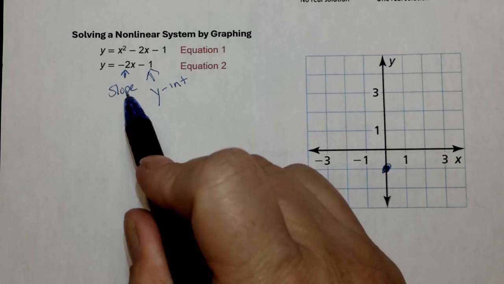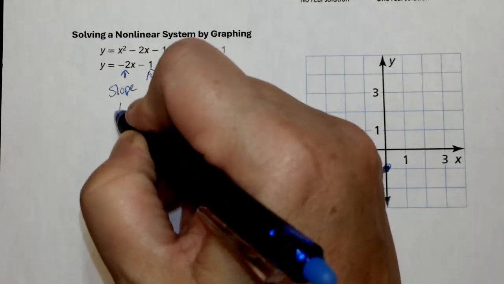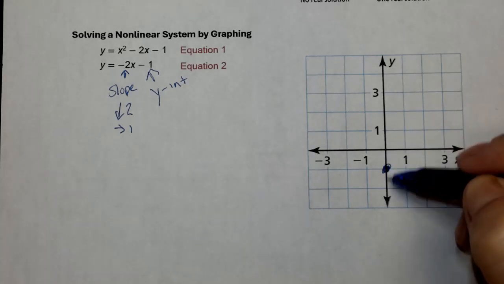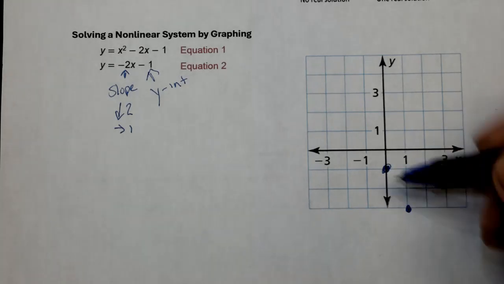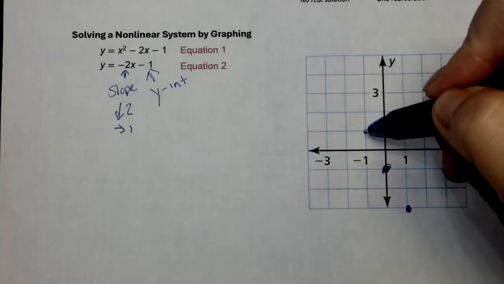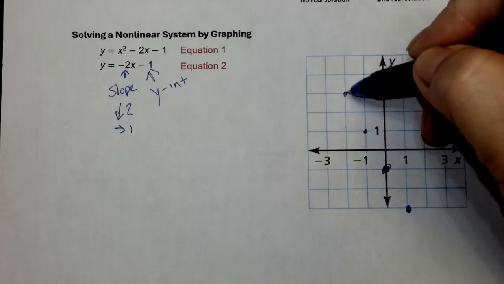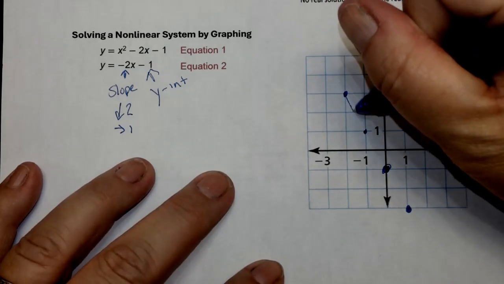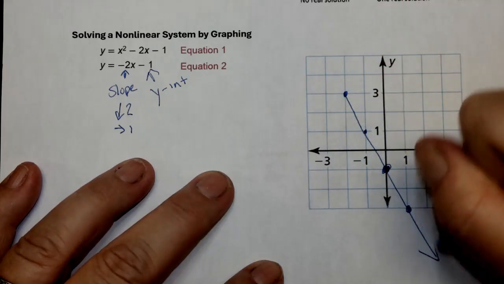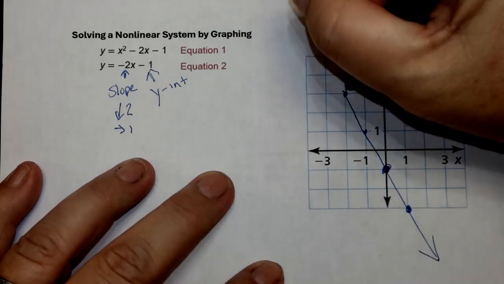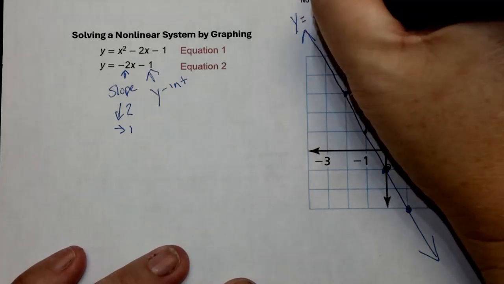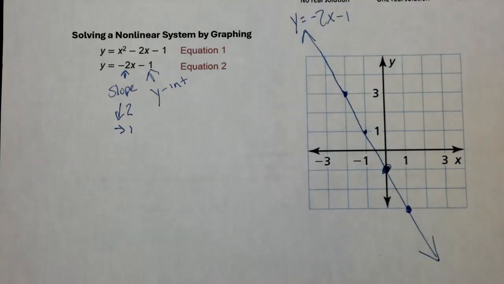And then my slope is -2, so that means I'm going to go down 2 and over 1. So your line should be decreasing. I could also go backwards as well. So now I have this linear function, the equation y equals -2x minus 1.